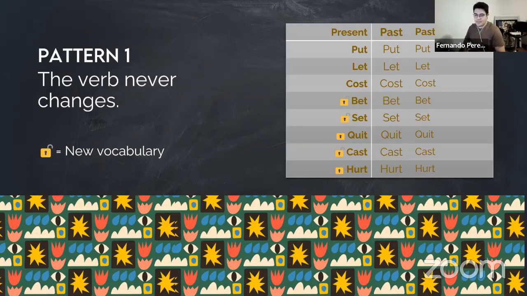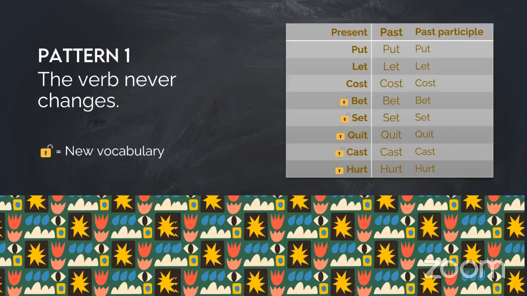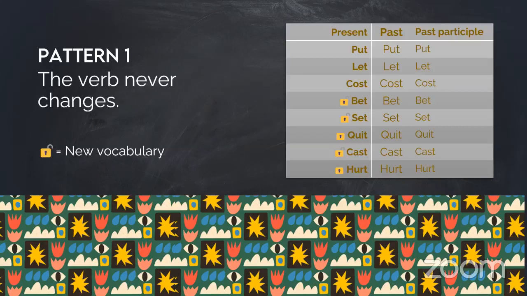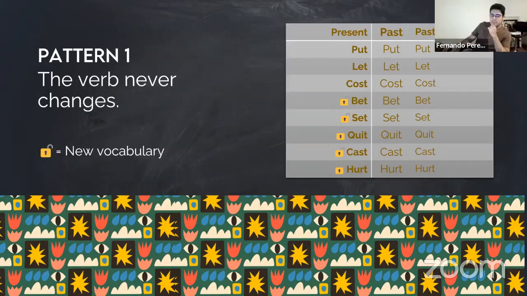Cost. Give me an example, Caesar. Cost. The cake. Have, but the verb is cost.